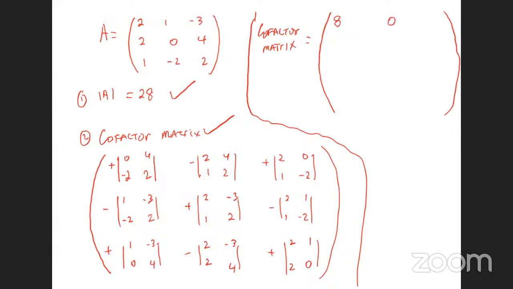Next is -4. Work out my values to check them, yeah? Right, next one is what? 2 plus 6, that's 8, so that's -8.